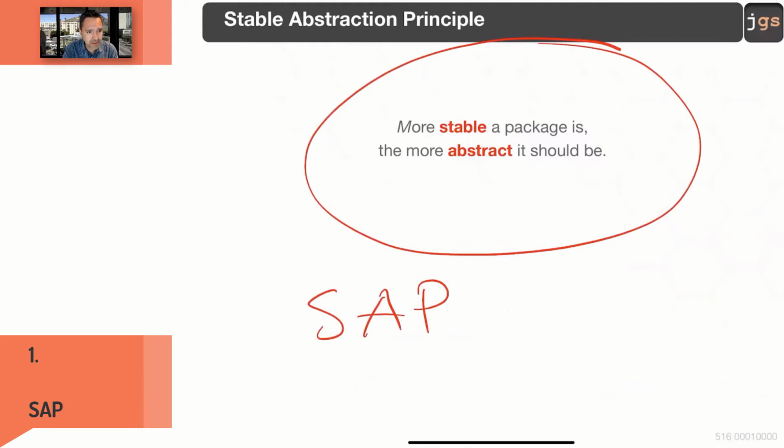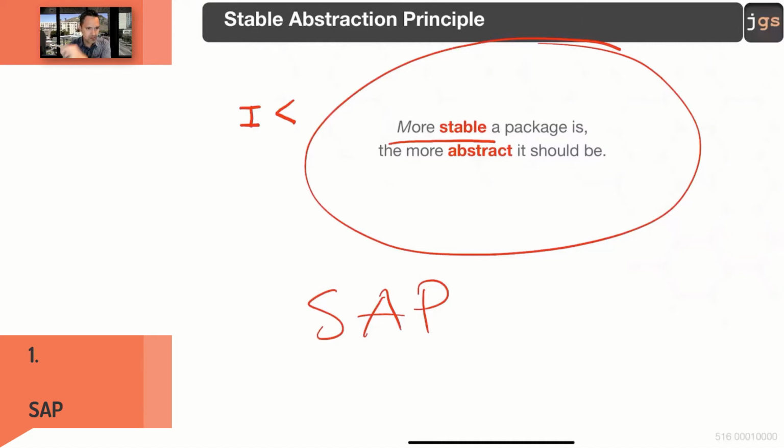the stable abstraction principle. The principle that pairs stability with abstraction. Always. More stable, remember, means values that are low. I equal 1, unstable.